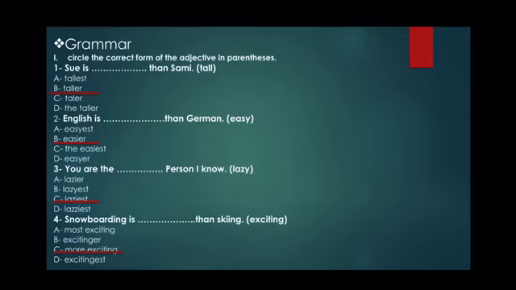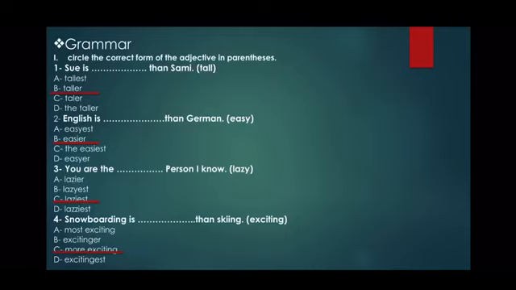Now, tall is actually one syllable. So in the case of comparative, I'm comparing between two people, I'm going to add ER. So tall becomes taller. So the answer is B. Okay? English is than German. I have two here. I'm comparing between two, which is English and German. We have the adjective easy.